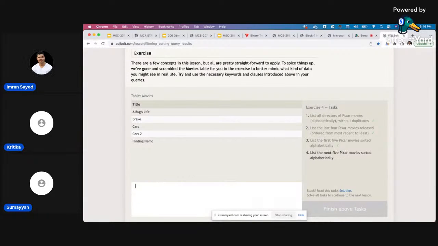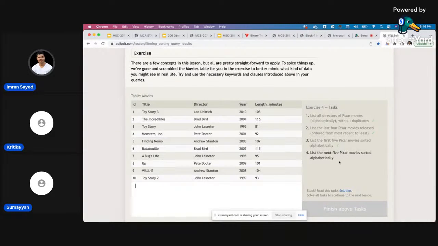Let's go next. List the next five Pixar movies sorted alphabetically. Next five, which means I don't want the first five. So select title from movies.